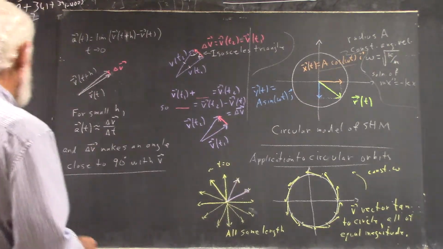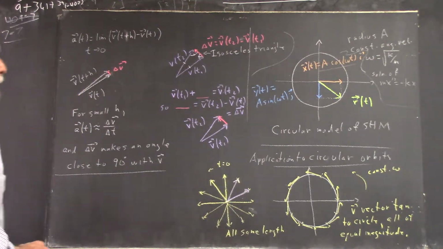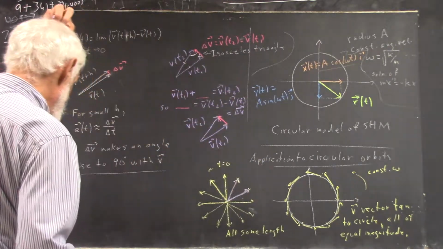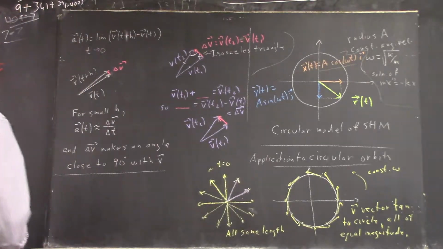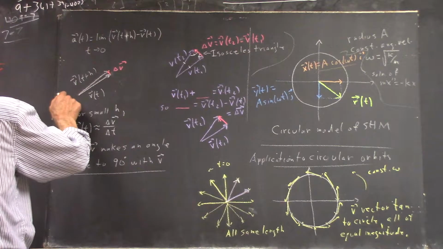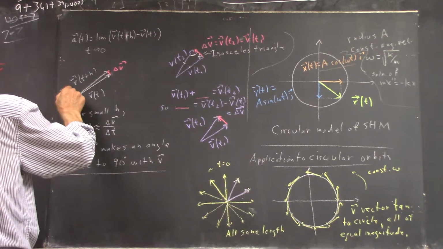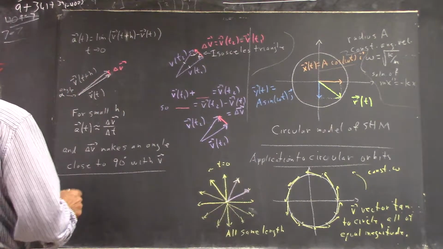Hey, I better write a little something down. Okay, so we'll call this angle here, I can't call it theta because that invokes the angular position here, but we'll call this angle alpha. So there's an angle alpha down there. Okay?